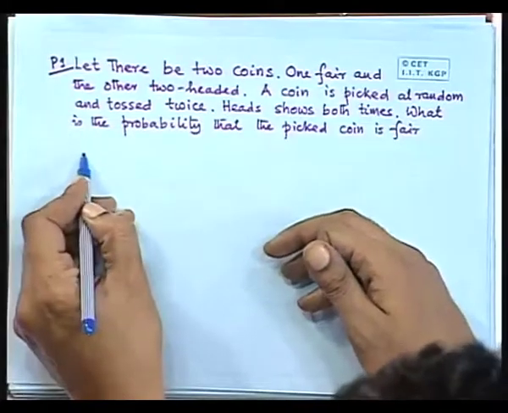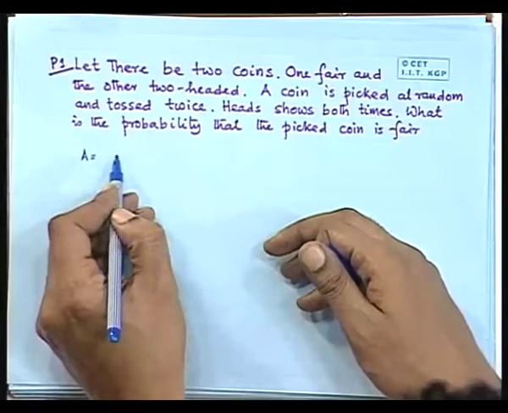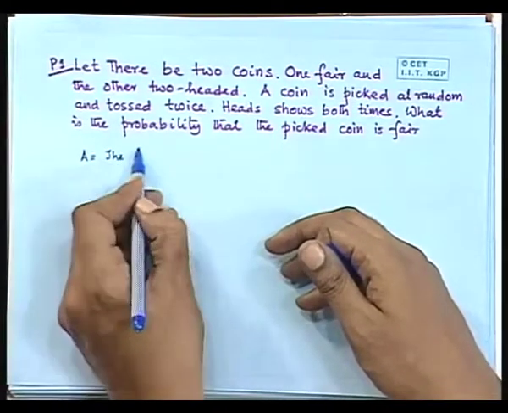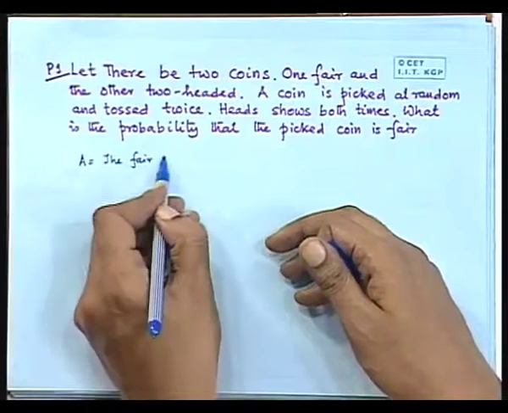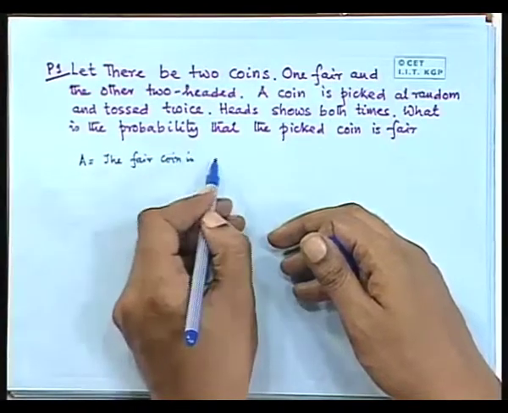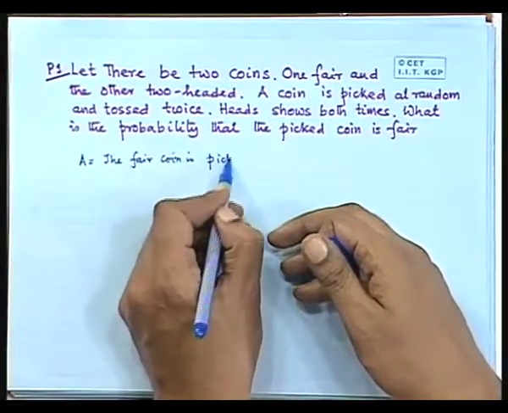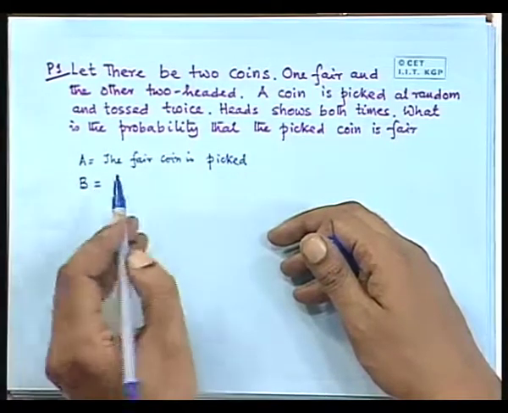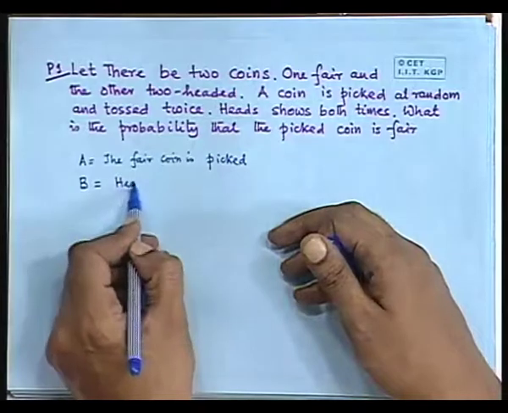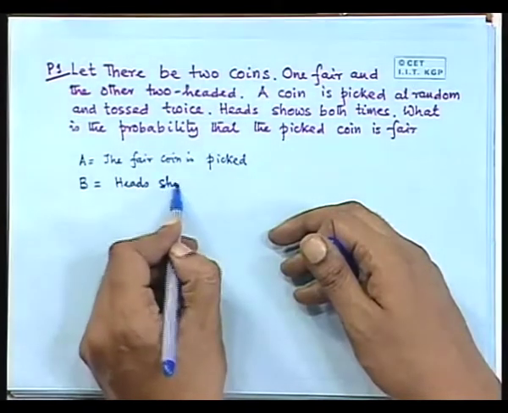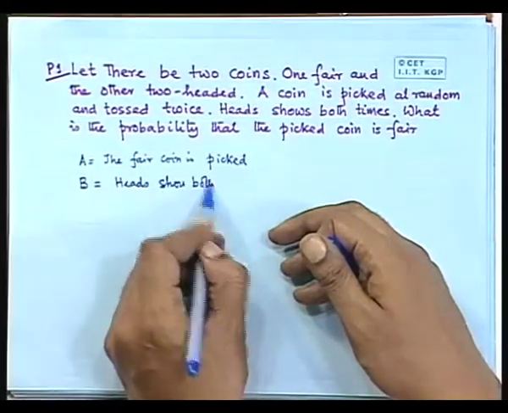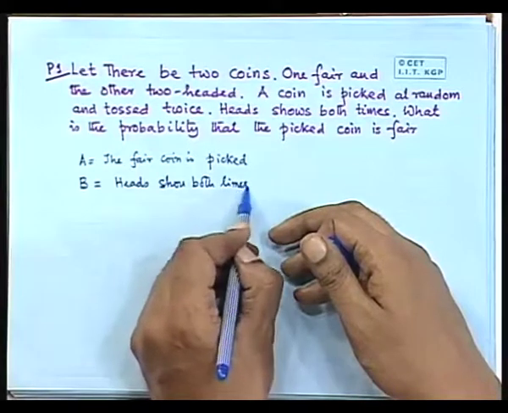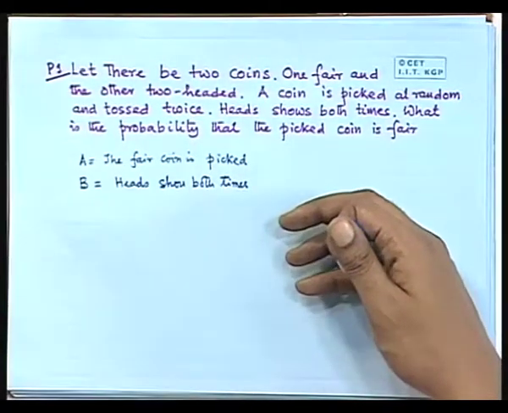So let us first mark the events. Let A be the event that the fair coin is picked. And let B be the event that heads show both times. Alright.